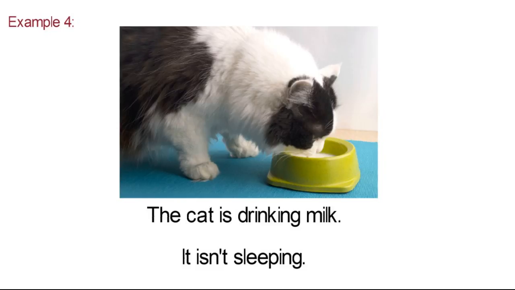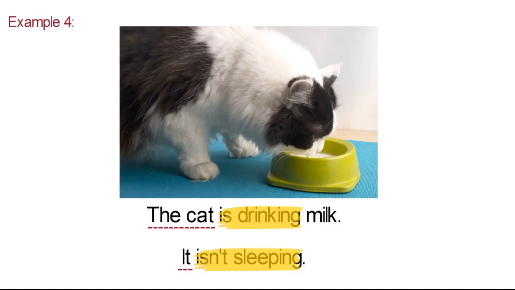In the first sentence, the cat is the subject, and the verb is is drinking. In the next sentence, it is the subject, and isn't sleeping is the verb.